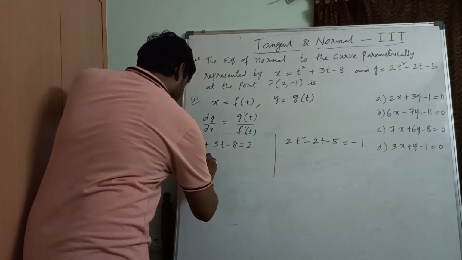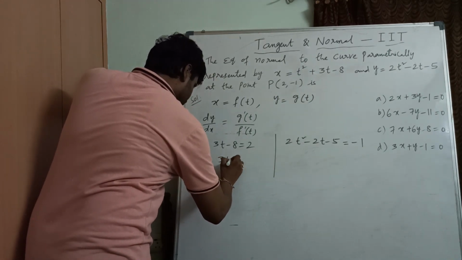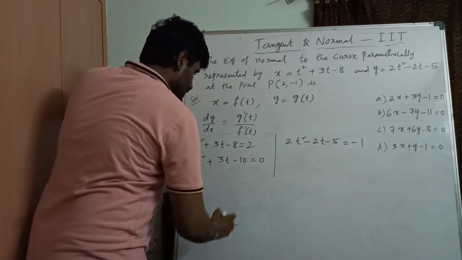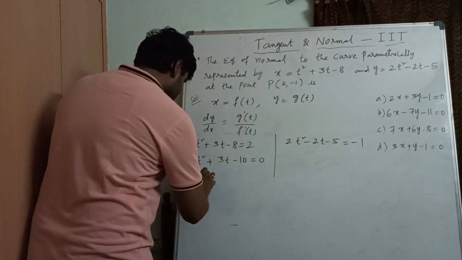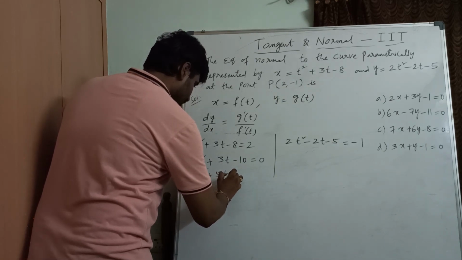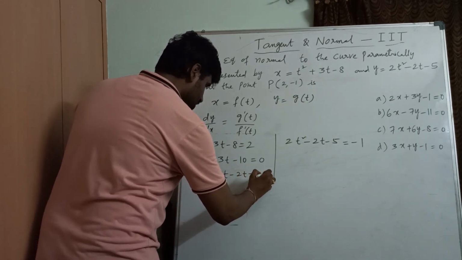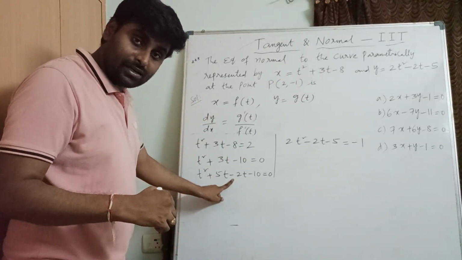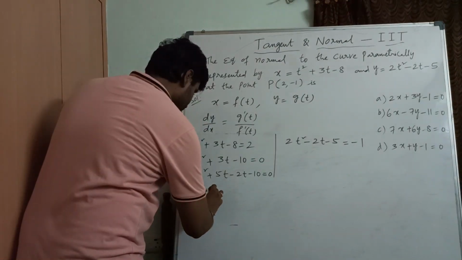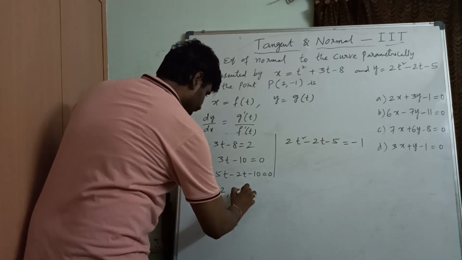So t square plus 3t minus 10 equals 0. 5 2s are 10, so t square plus 5t minus 2t minus 10 equals 0. So what is t? 2 comma minus 5, correct?